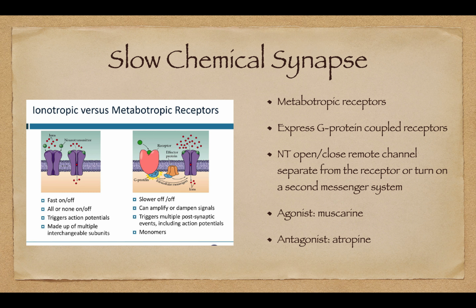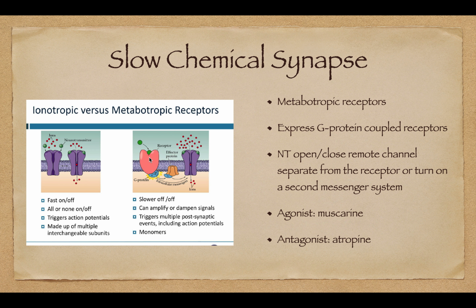The slow chemical synapses are metabotropic receptors, and they have a couple extra steps. That's why they're slower. They express G protein coupled receptors, and then the neurotransmitter will open and close remote channels, and that is separate from the receptors, and it can also turn on the second messenger system.